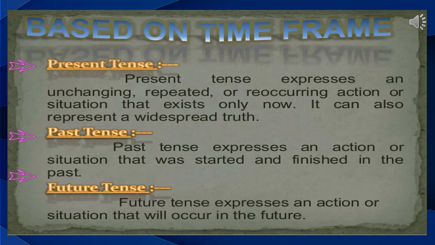Past tense expresses an action or situation that was started and finished in the past, or it talks about the actions which have completed already. Then comes future tense. Future tense expresses an action or situation that will occur in the future, or it denotes the actions which are going to come in the future.